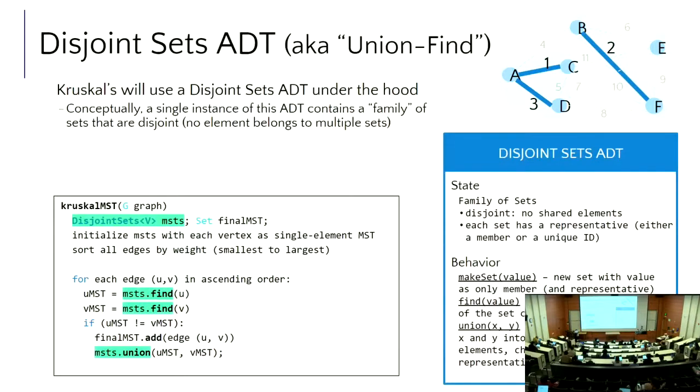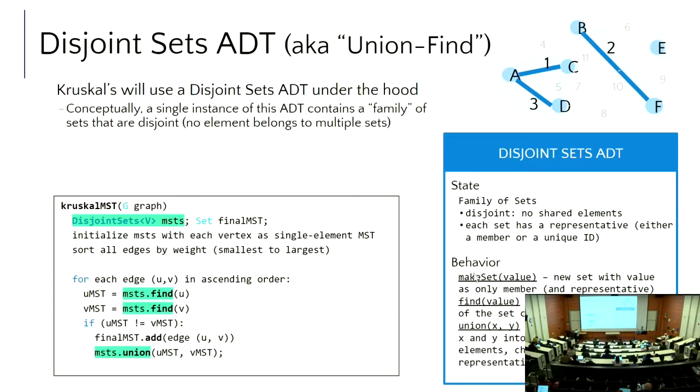Welcome to the disjoint set ADT. A disjoint set is an ADT that is a family of sets. It is a set of sets. Each set has a representative, a sort of unique marker.